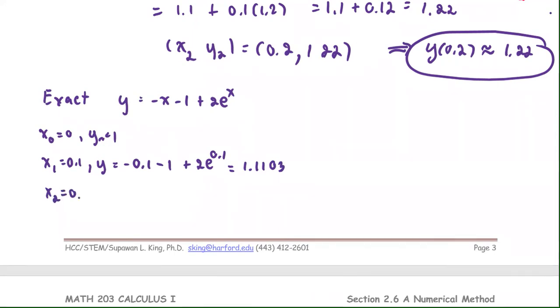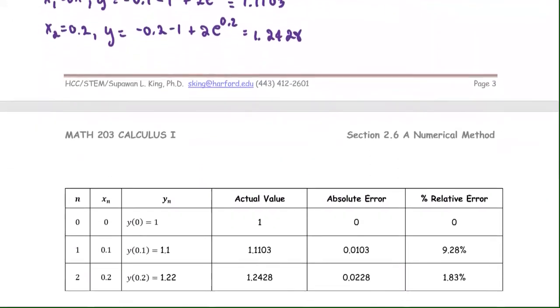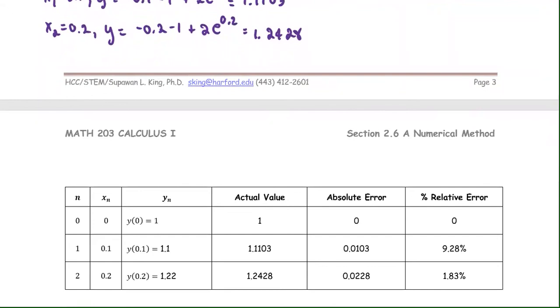At x2, or x equals 0.2, y is negative 0.2 minus 1 plus 2 times e to the 0.2, or in decimal form, 1.2428.